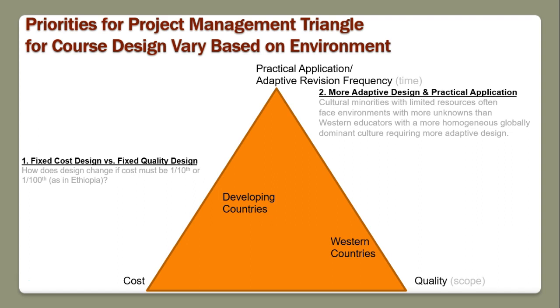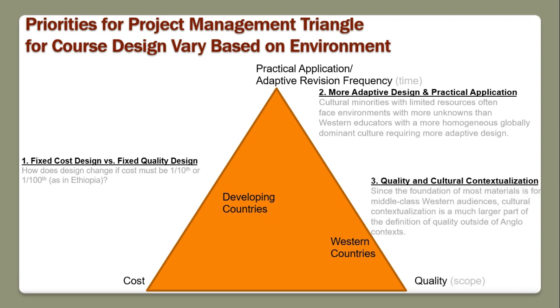The other thing is you need more adaptive design. Cultural minorities with limited resources will face environments that have more unknowns. Most of the books are written for Western educators, where there's more homogeneity and a globally dominant culture. If you're designing for a country that's smaller, then you're going to have to do more adaptation.